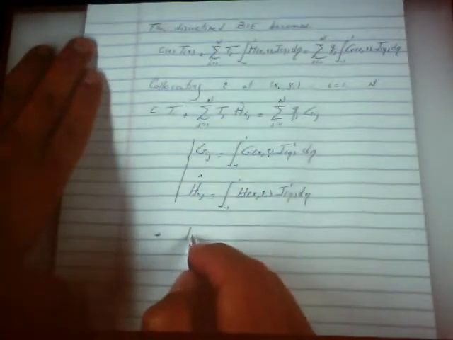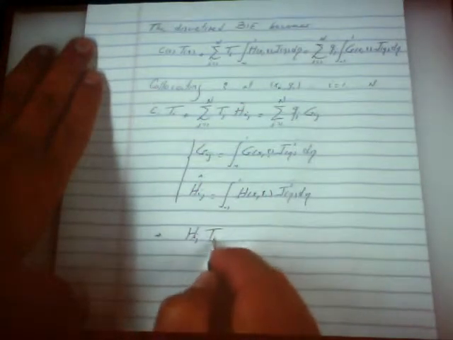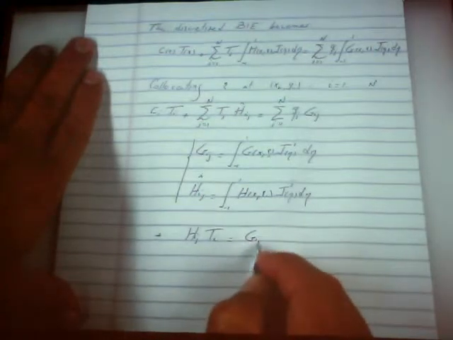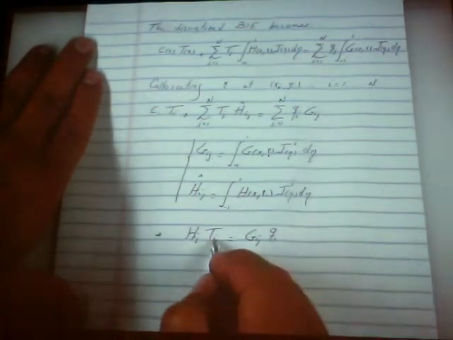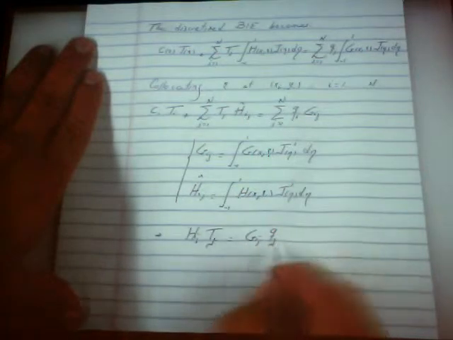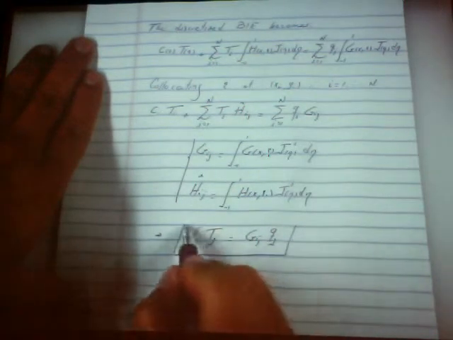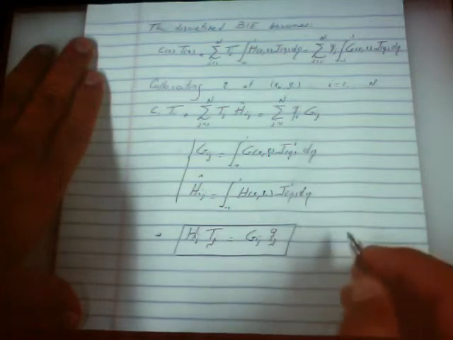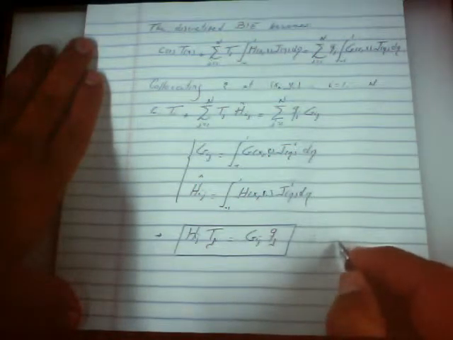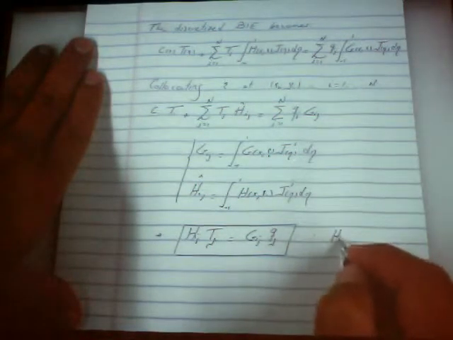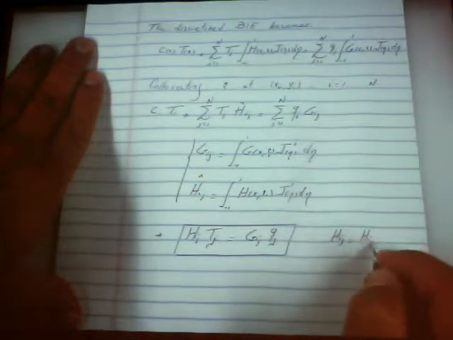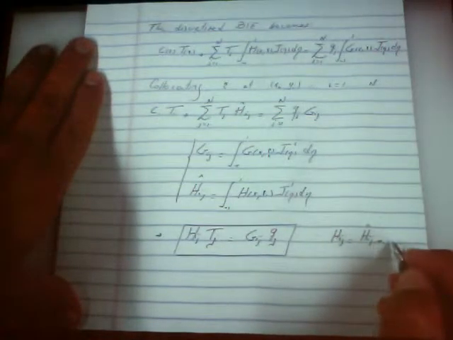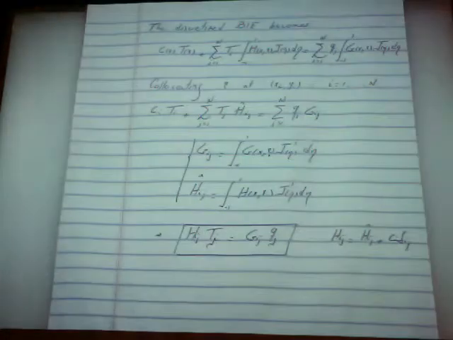So then, this becomes Hij times Tj is equal to Gij times Qj, such that Hij is equal to Hij hat plus Ci times the Kronecker delta.